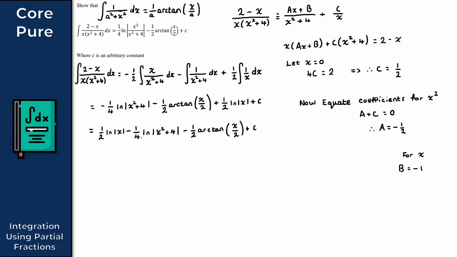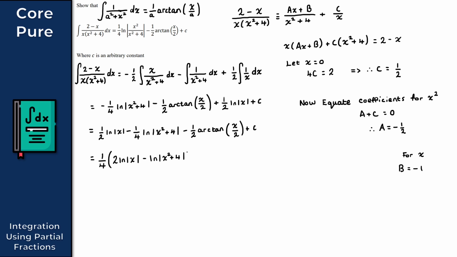What we can now do is factor out a 1 over 4 for these two natural logarithms, and we're going to get it into this form basically. Factoring out the 1 over 4, inside the bracket we get 2 ln x, then minus ln of x squared plus 4, because we've factored out the 1 over 4.